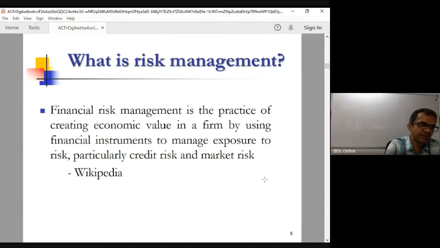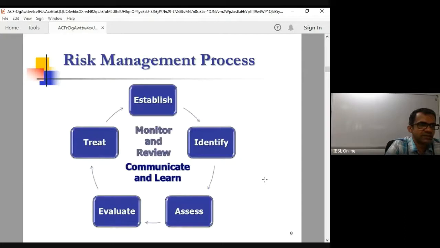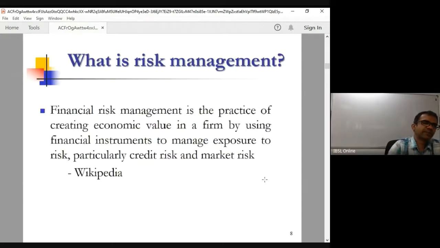How do we identify the types of market risk? What are the types of credit risk? Those are very important. How do we treat different credit risk or market risk? And how do we monitor and control that? That is the risk management definition.